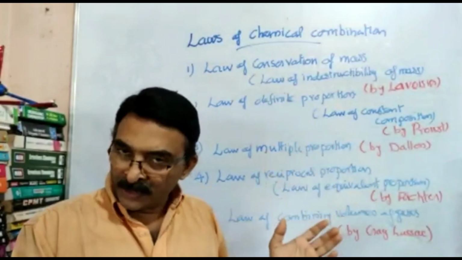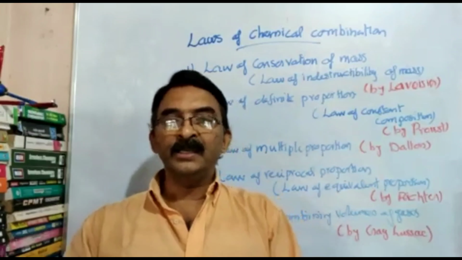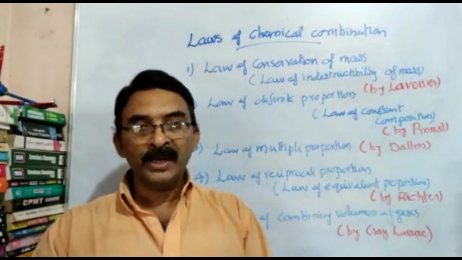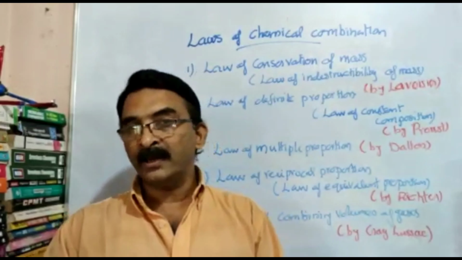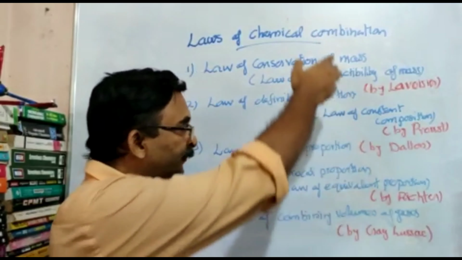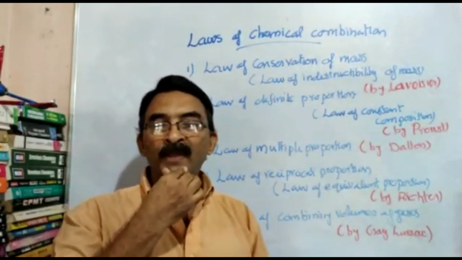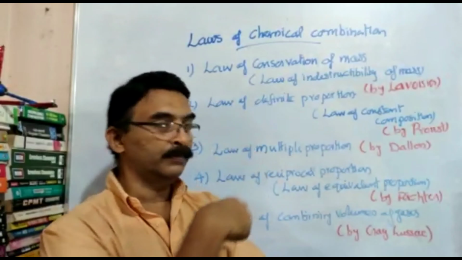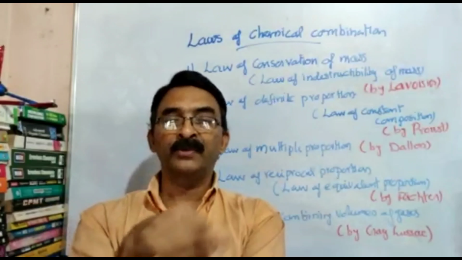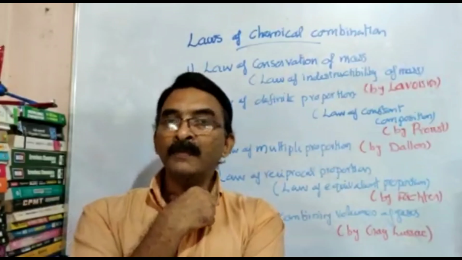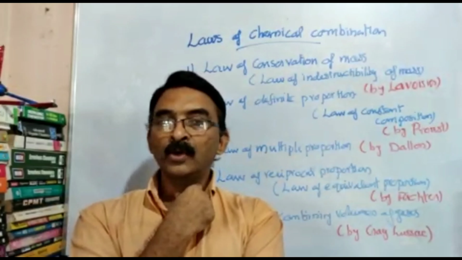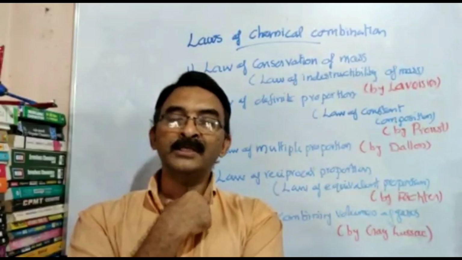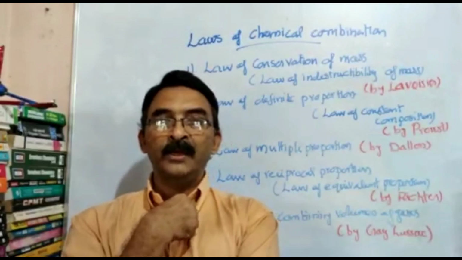So at the time of introduction, these laws were empirical in nature, but later when Dalton introduced the atomic theory, the first 4 laws could be given theoretical explanation. For example, the very first law: total mass of the reactant is equal to the total mass of the product. How can we explain it based on Dalton's atomic theory?